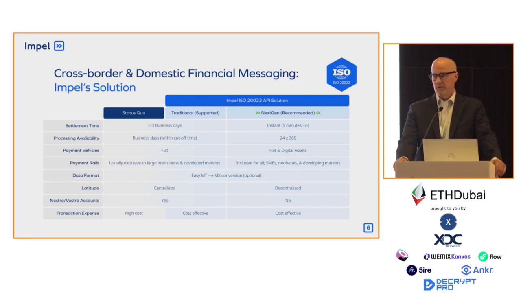Our next-generation model allows for instant settlement 24/365, no longer requires Nostro Vostro accounts, and no longer requires the central bank to settle up at the end of the day. In essence, it's a peer-to-peer model. So each entity would run their own gateway node hosting Impel's API.